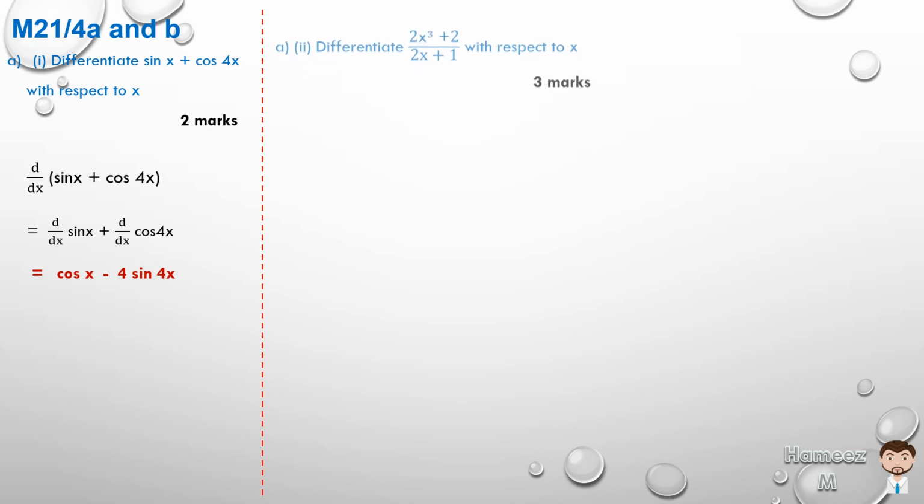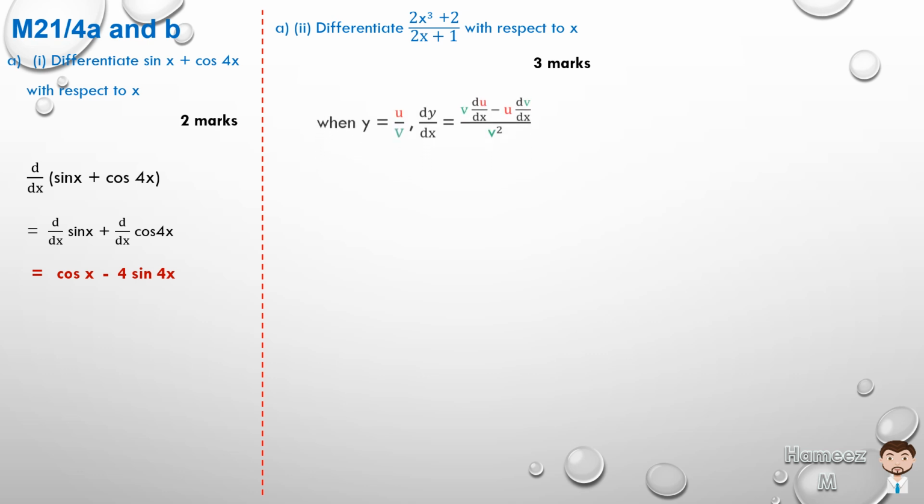Part 2. Differentiate (2x cubed + 2) all over (2x + 1) with respect to x. So we can consider this to be a quotient rule to apply here. So let's say y = u over v.